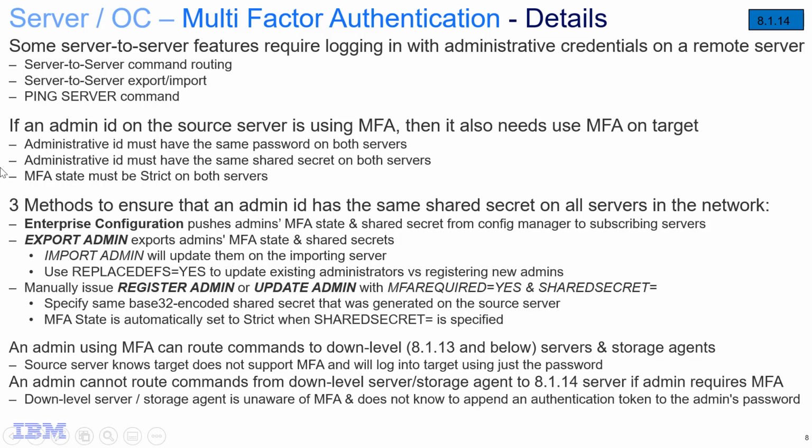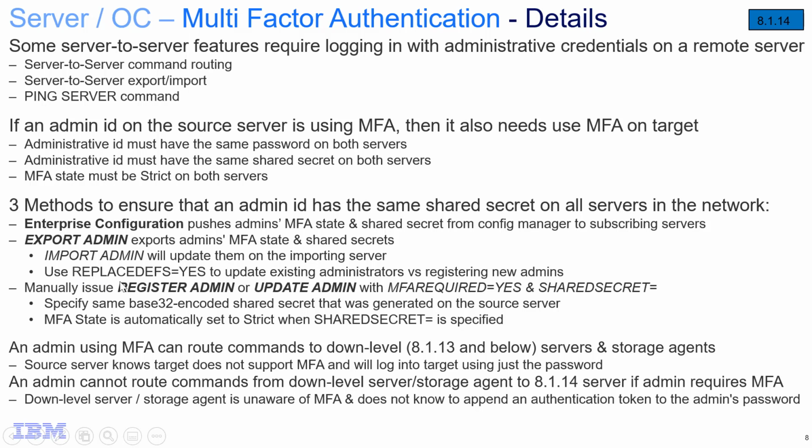So there are 3 methods to ensure that these admin IDs are synced up to the different servers. If you've got enterprise configuration turned on, it will push out the admin's MFA state and shared secret from the config manager Spectrum Protect server to the subscribing Spectrum Protect servers. If you do an export admin, that will export the admin's MFA state and the shared secrets, and on the reverse side, the import admin will update them on the importing server.